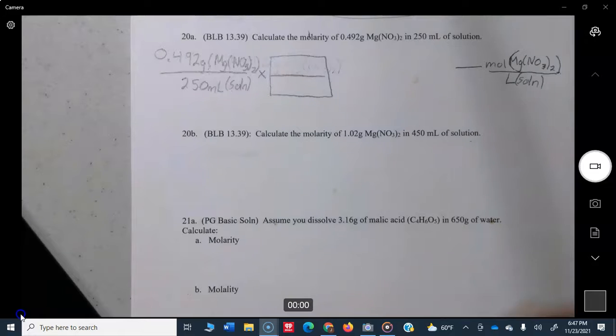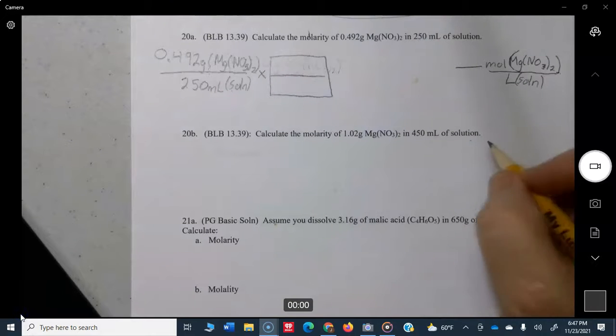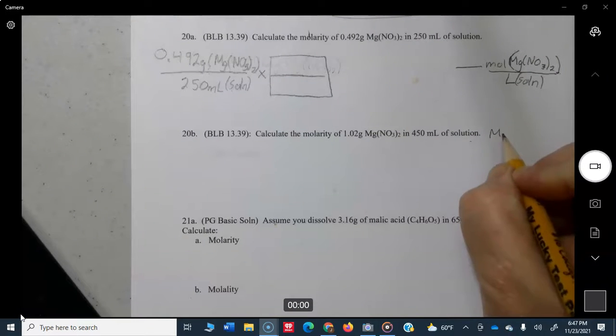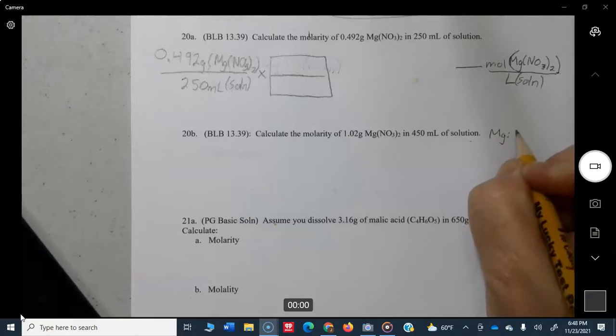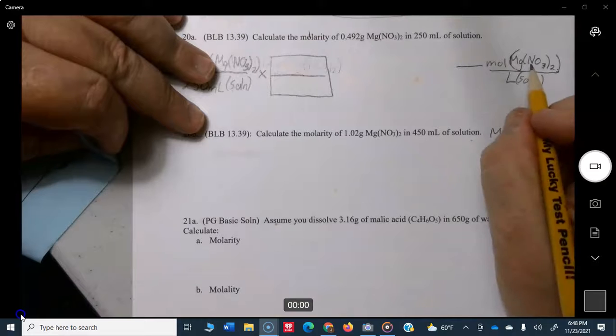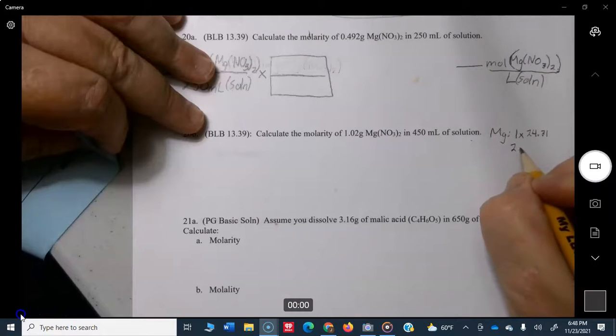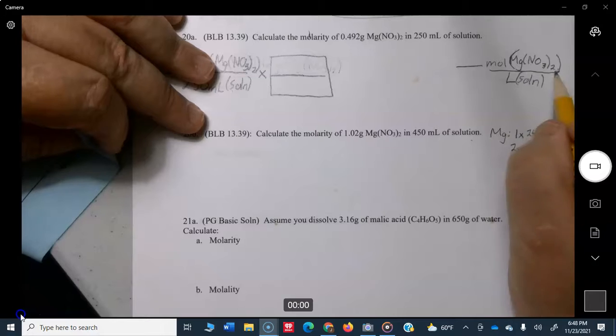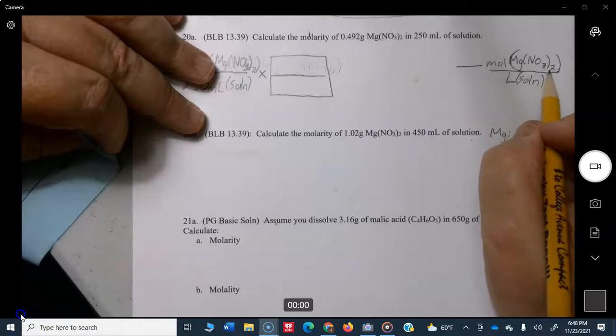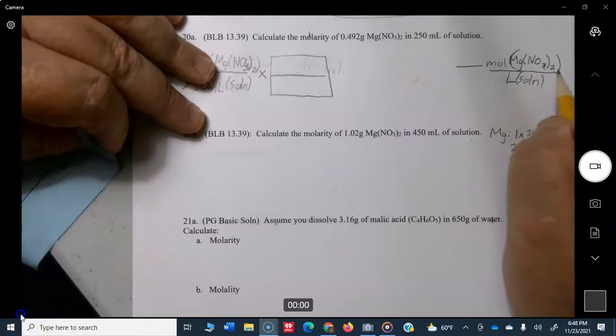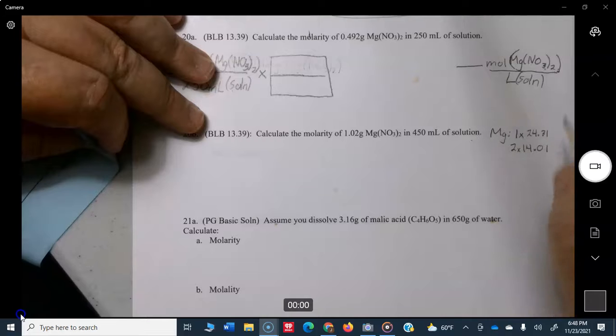Okay, so we need to know the molar mass of magnesium nitrate. Alright, so I'll come down here to calculate that. So magnesium, you have one of those, and it is 24.31. You have 2 nitrogens at 14.01. And you have 3 oxygens, and then you have 2 of those, so it's 6 oxygens.